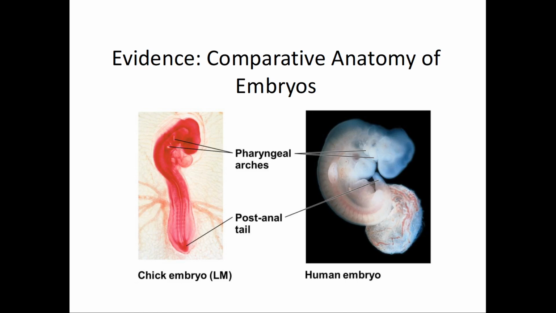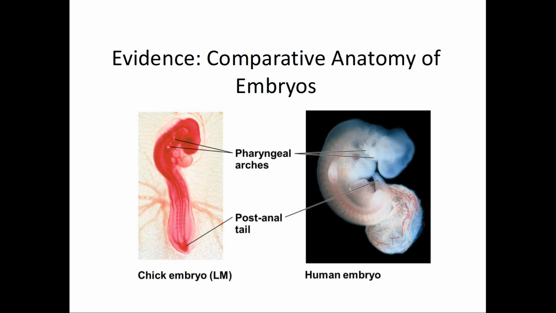All right, so another example of this is looking at embryos. Look at this chick embryo, look at this human embryo. They're very similar to each other. It's only as you start getting further along in development that you begin to see structures that differ.